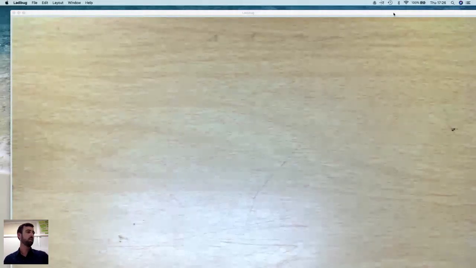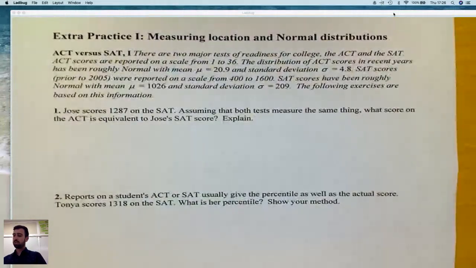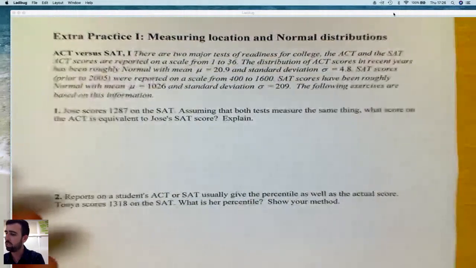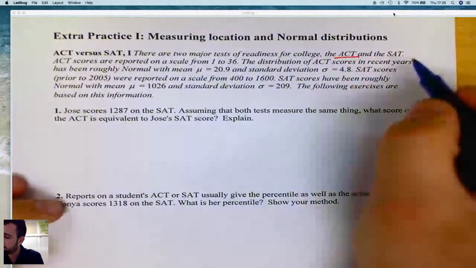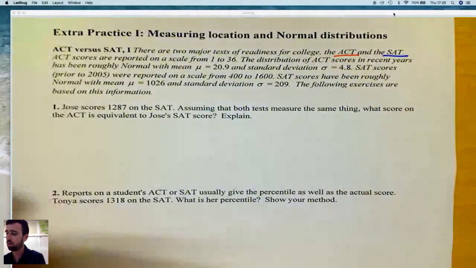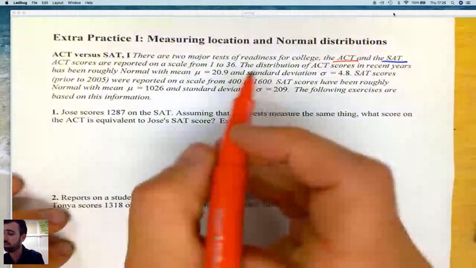and we're going to take a look at our SAT. So here are our SAT questions. So it says there are two major tests of college readiness, SAT and the ACT. ACT scores are reported on a scale from 1 to 36.